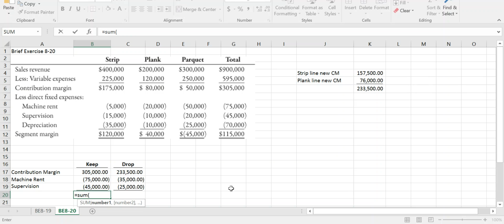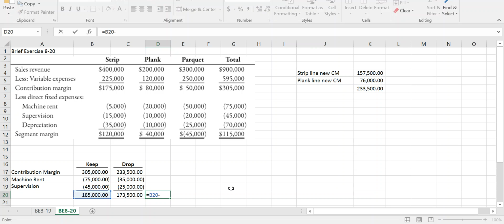So if we sum these components up, it tells us that if we keep all three lines, our total segment margin for our company will be $185,000. But if we drop just the Parquet line, our overall segment margin for our business drops to $173,500.